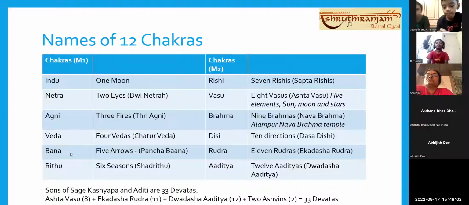Shad Ritu, Ritu. Okay. Sapta Rishi, 7. Ashtavasu, 8. Navabrahma, 9. Okay. Dasa Dishi, 10. Ekadasha Rudra, 11. Dwadasha Aditya, 12. Okay. So this is how they have been named.